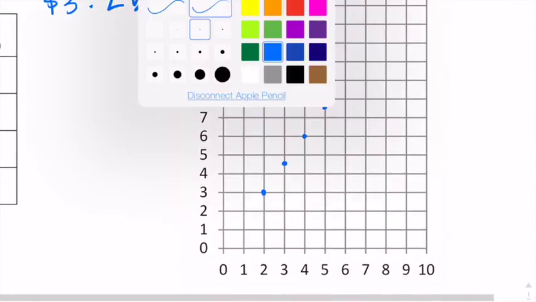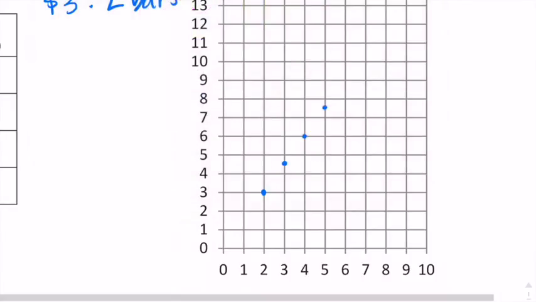Okay, and usually when you have points on a graph, you're looking for proportionality, you want to put in a line that connects them. Okay, and of course if we were to extend this out, it signifies that we don't stop at selling 5 bars. We can go on to infinity. Okay, so that's what our graph looks like.